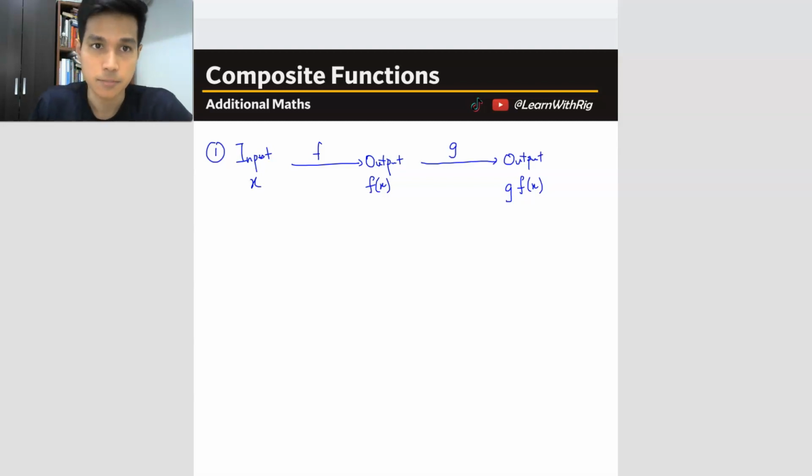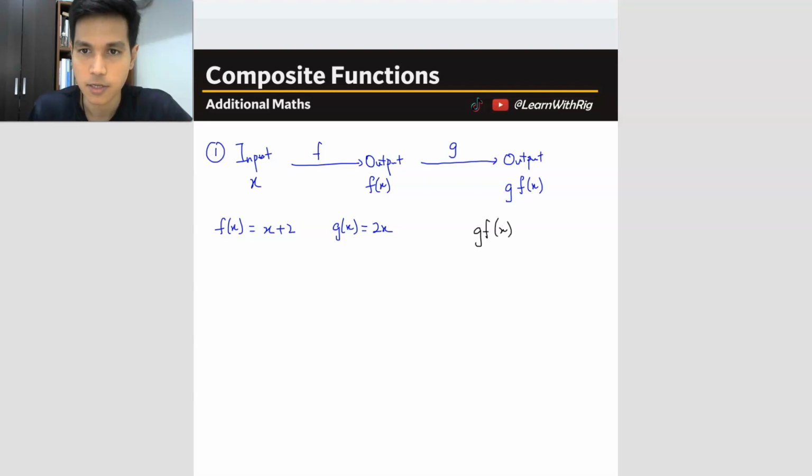Let me give you an example. How do we solve it? Let's say the question gives you f(x) = x + 2, and also g(x) = 2x. Now let me ask you one thing. If I ask you to find gf(x), and then I ask you to find fg(x), do you think it's going to be the same?